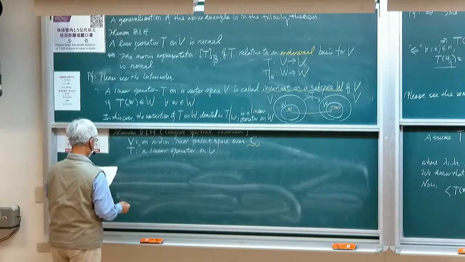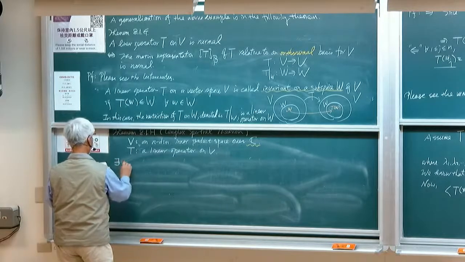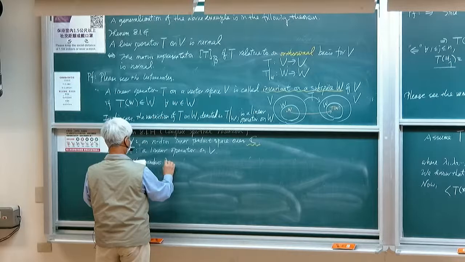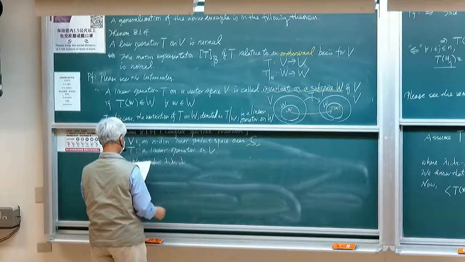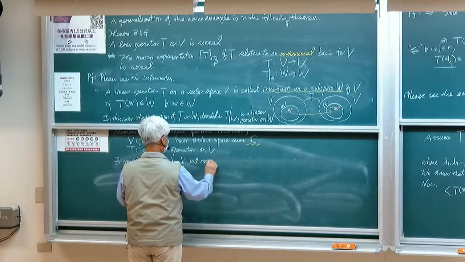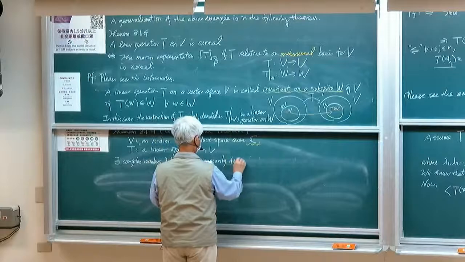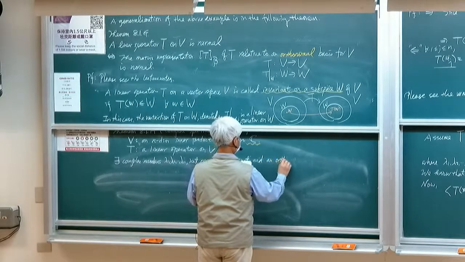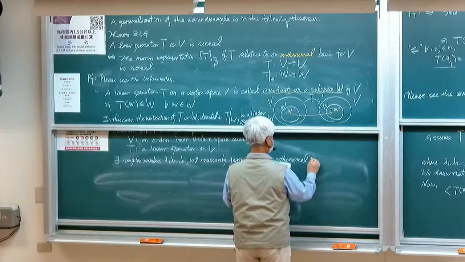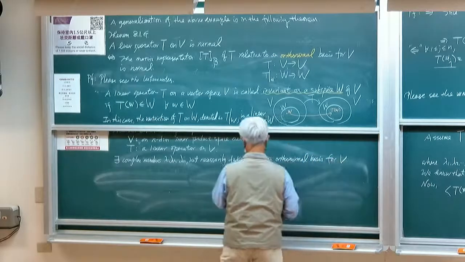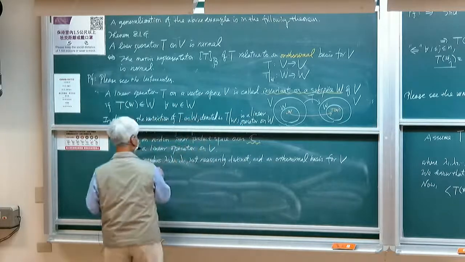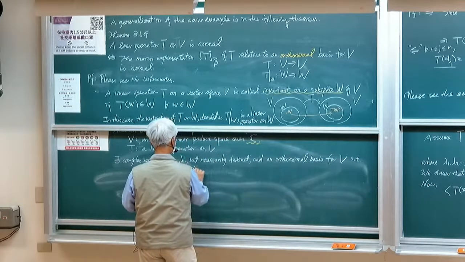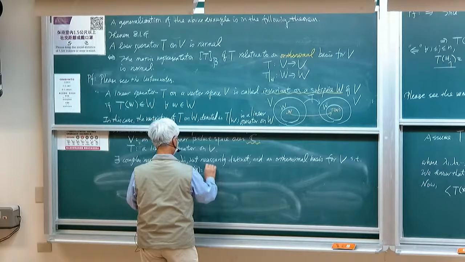So there are complex numbers lambda 1, lambda 2 up to lambda n, not necessarily distinct, and also an orthonormal basis for V, such that Tx has a spectral decomposition.